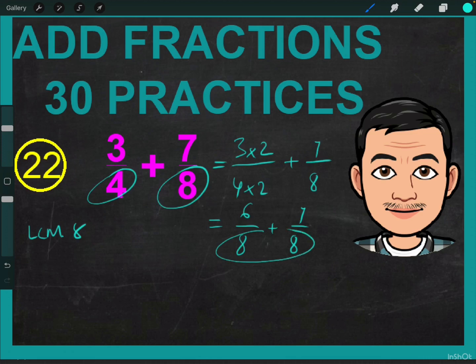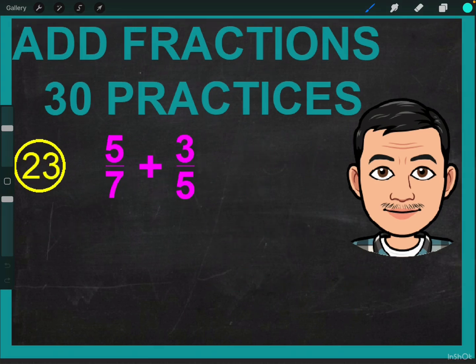Now they have the same denominator, so we just need to add the first numerator and the second numerator, and we got 13 over 8 is the answer.